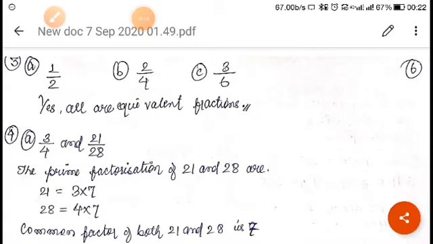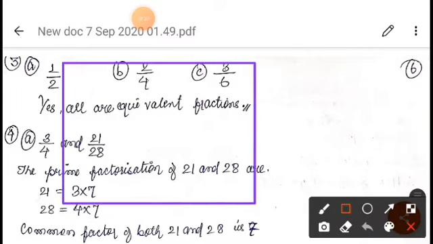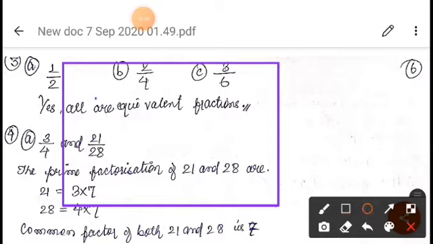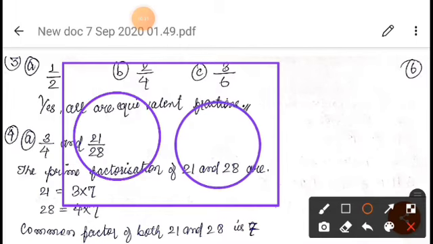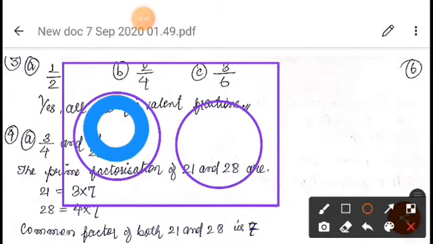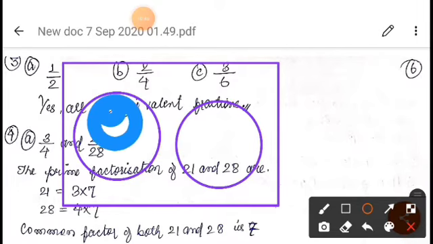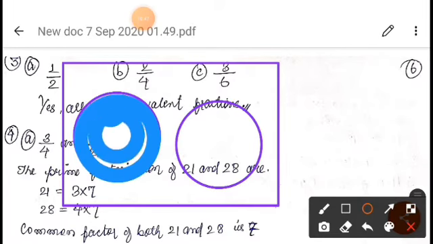So as you can see in the first one, two boxes are given. One box is given like this, and in that box two circles are there, right? One circle is completely shaded, like this.